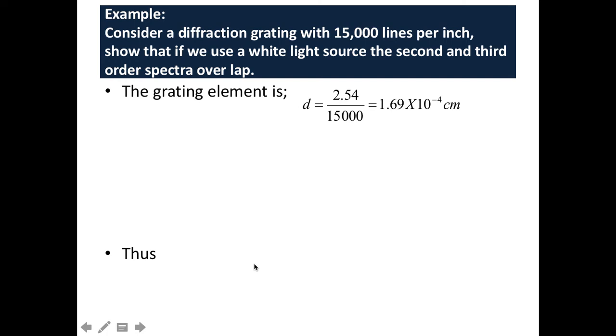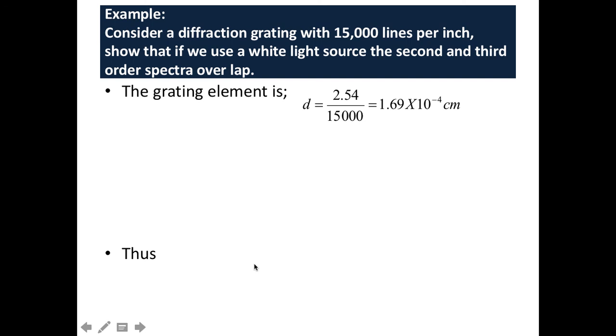Okay, let's take one example for the diffraction grating. Consider a diffraction grating with 15,000 lines per inch. If we use a white light source, we need to show that the second and third order spectra overlap.